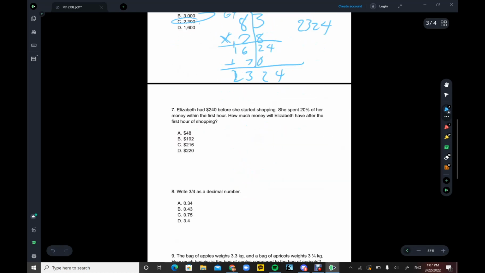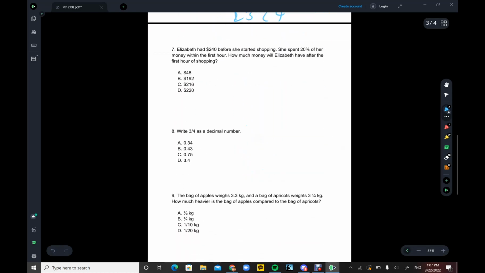Alright, let's go to the next page. It says, write 3/4 as a decimal number. So this is very simple. All you need to do is simply divide 3 by 4. But you have to remember that there is a decimal place here, even though it's not shown.